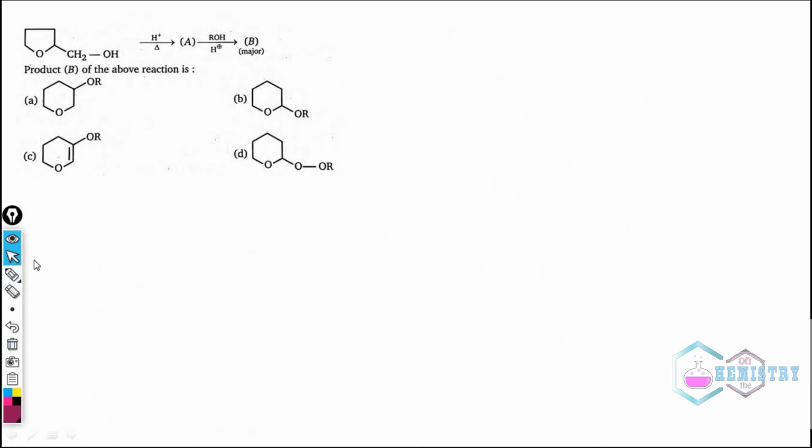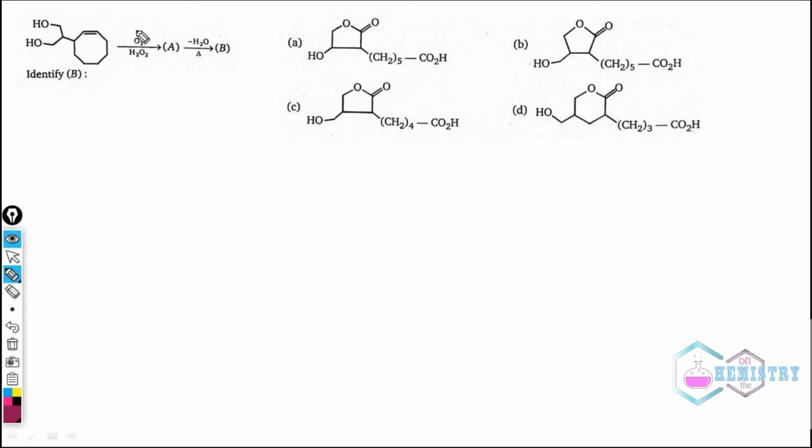Now we have saved the trickiest problem for the last. So what will happen? This is not a normal ozonolysis reaction. The H2O2 is given. That means we already know that if the carbonyl or CHO group is formed, this CHO gets oxidized by H2O2 to CO2H group.